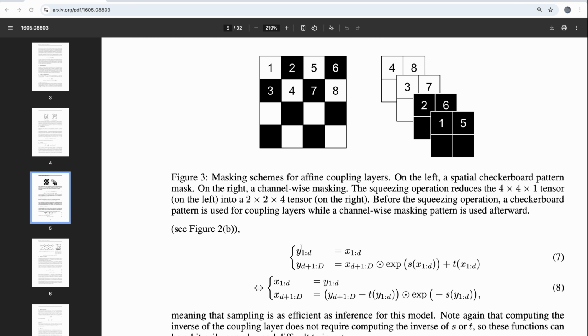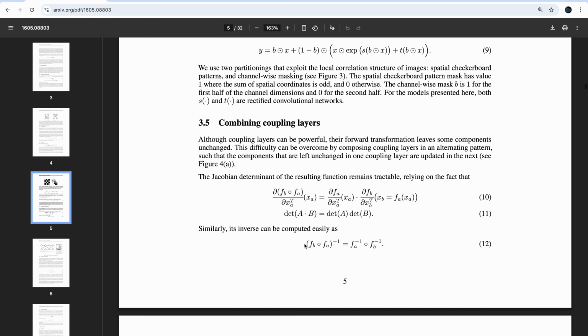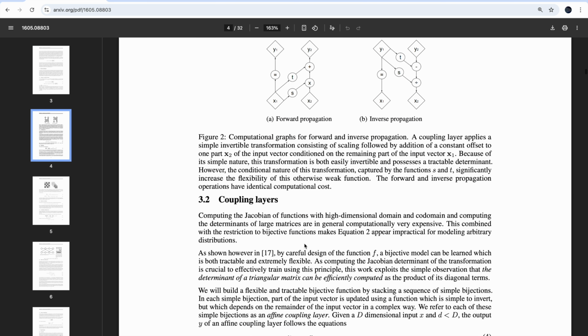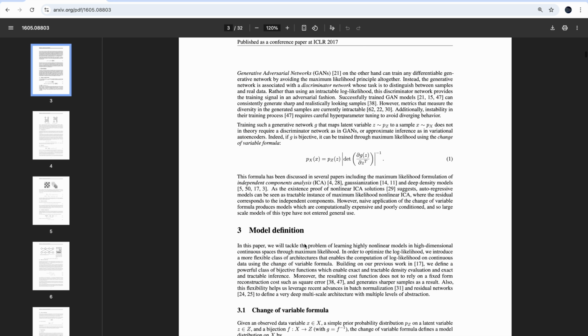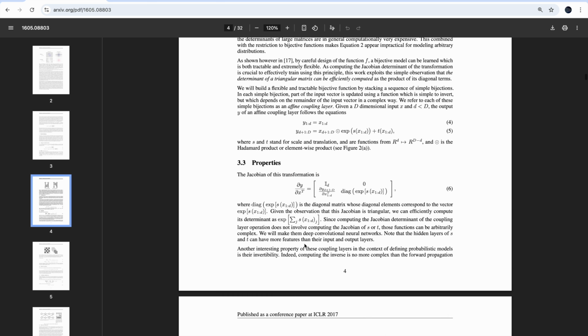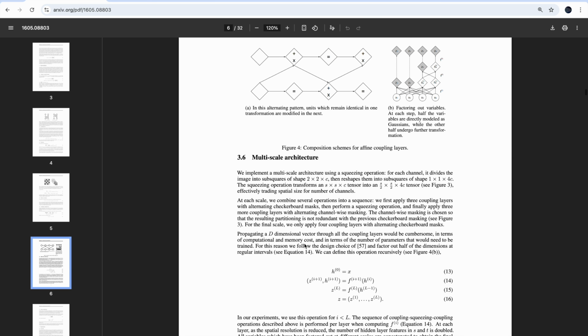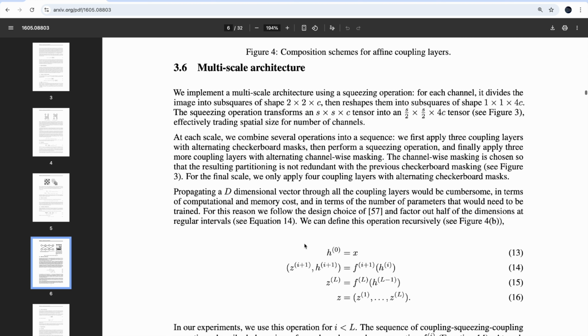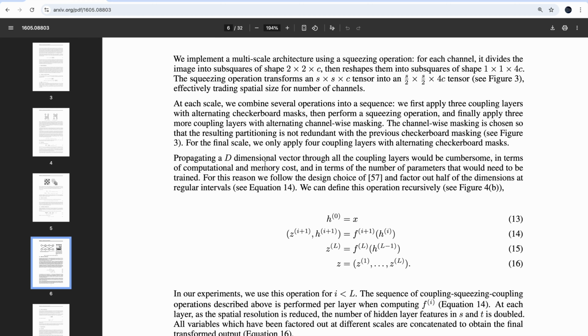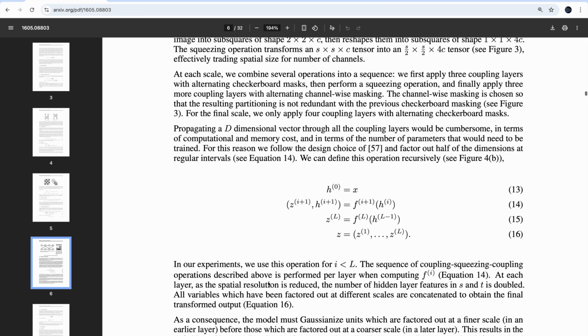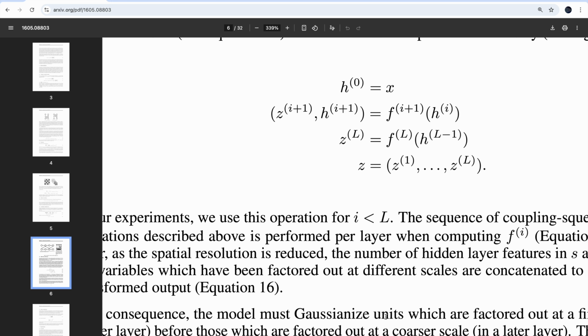There is something that we do not implement in this implementation. I think they call that Gaussianization. Let me double check the proper wording that they use. So basically in this multi-scale architecture, they say they Gaussianize units.